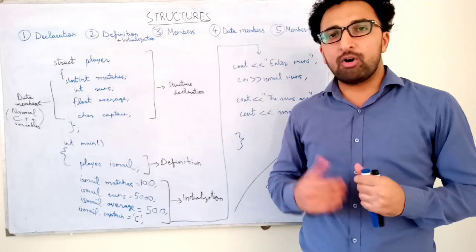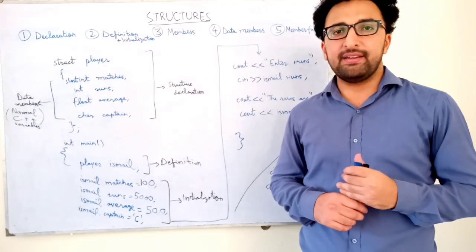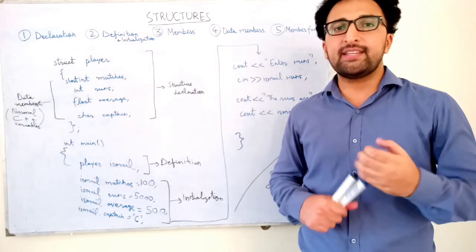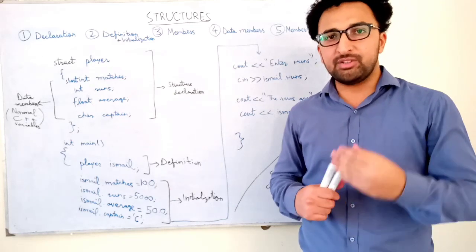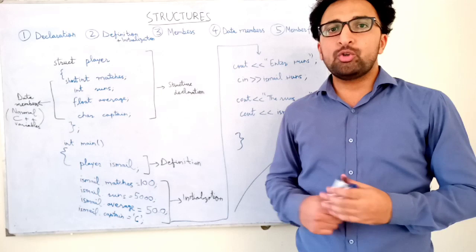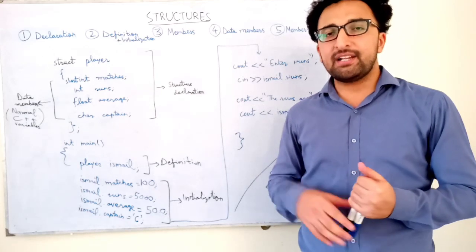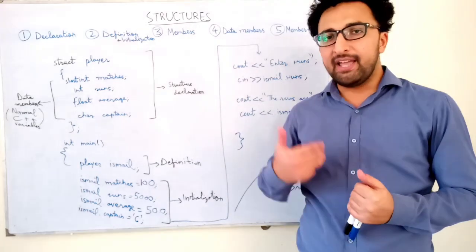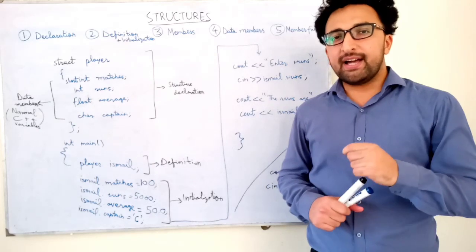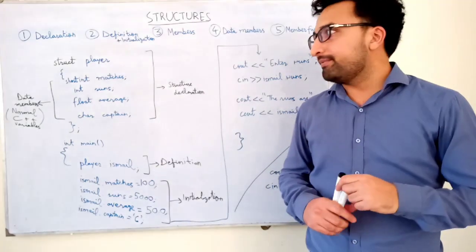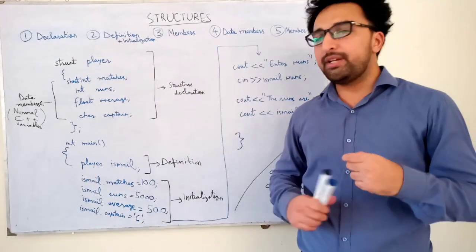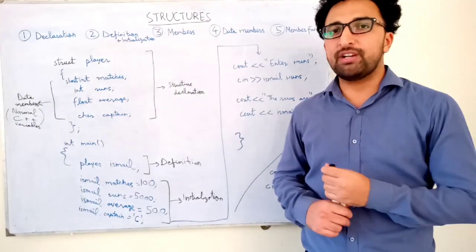All these things are already declared, and we do not need to declare them ourselves. However, as structures come into play according to our own needs, they are defined by us, so they are not already defined or declared at the back end. Structures have to be defined by ourselves according to our needs.